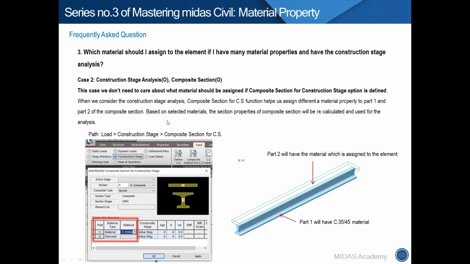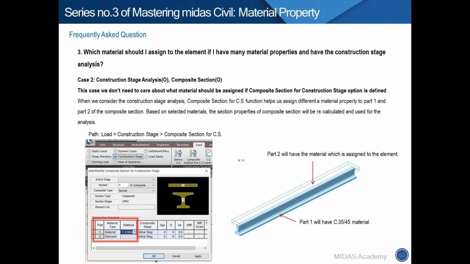So in this option, we need to select material types again to assign different material to each part here. Each part means the girder, slab, or other things.